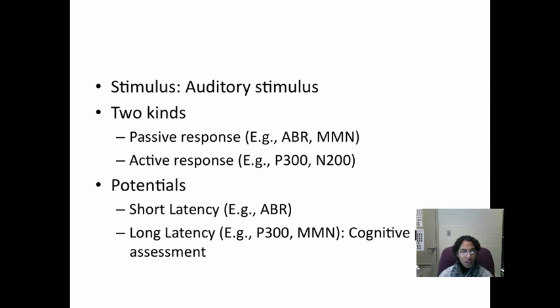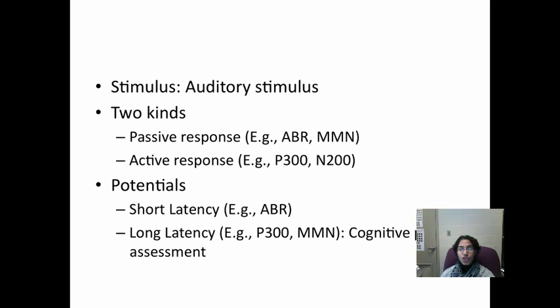Okay. So event-related potentials, or ERPs, help us get electrical activity from the neurons. Most of the time the stimulus is going to be an auditory stimulus. The response can be a passive response or an active response from the client. The potentials can be a long latency potential or a short latency potential, and those are some of the examples.